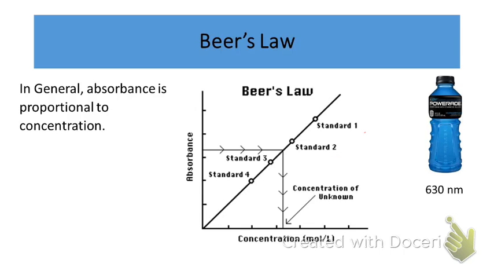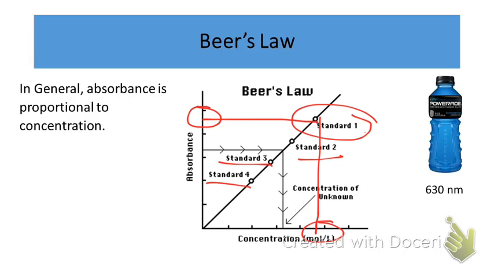We're going to take one of the standards, say standard 1, and determine what the absorption of that standard is at a given concentration. We know the concentration of that standard, and then all we're going to do is determine the absorption of that. We're going to do that for 3 different concentrations of blue dye number 1, and then we're going to plot them. We're going to make an absorption versus a concentration graph.